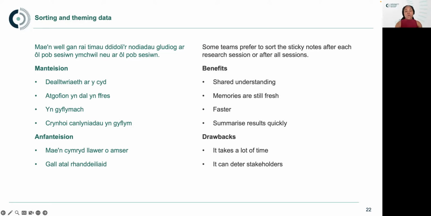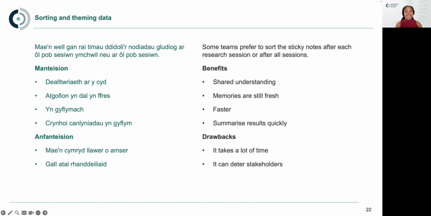It may ultimately be faster if your team members tend to take a lot of notes. And for rapid prototype testing with very early design iterations, it would enable you to summarize results quickly when you plan to design changes between user tests.